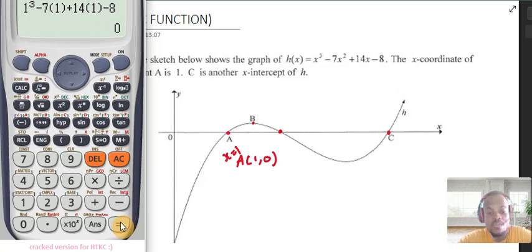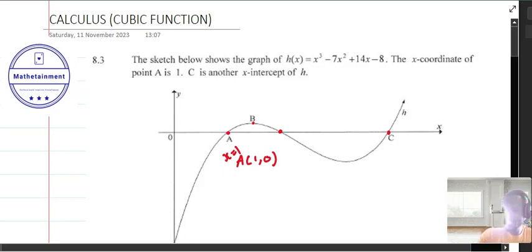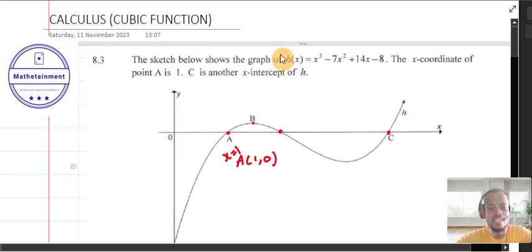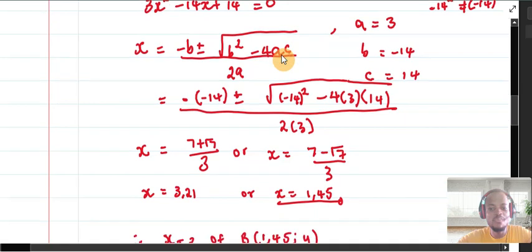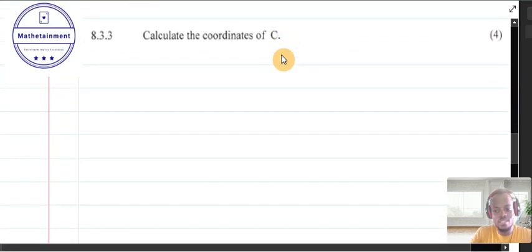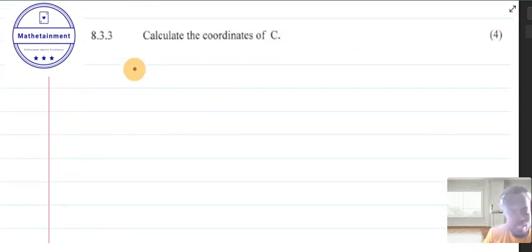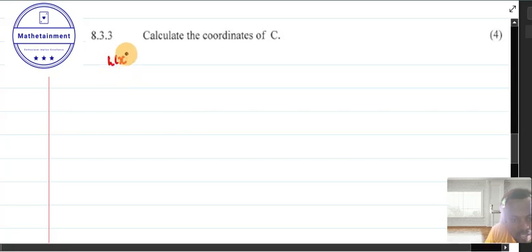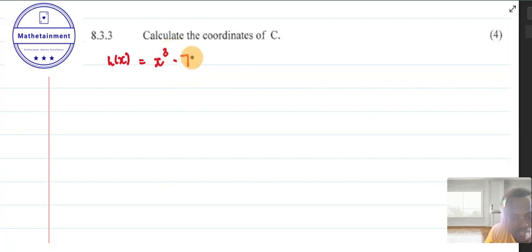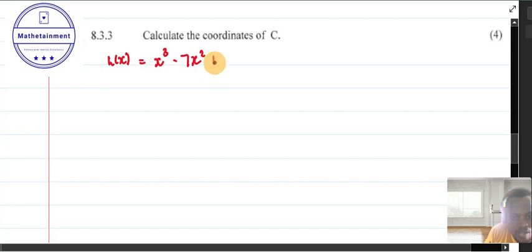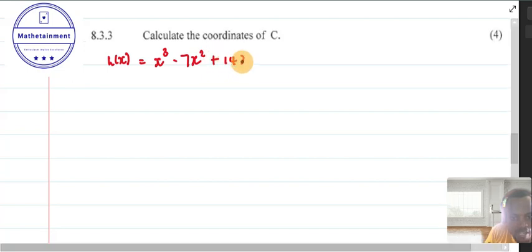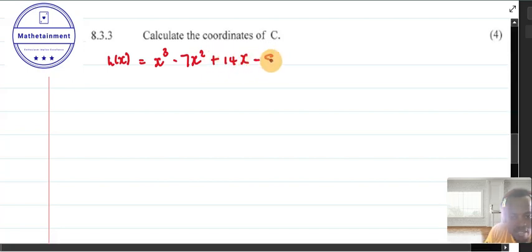Okay, you get 0, meaning x minus 1 is a factor. In this scenario, we have to do a bit of working, but it's nothing complicated or impossible. So we know that h at x is equal to x to the power of 3 minus 7x squared plus 14x minus 8.